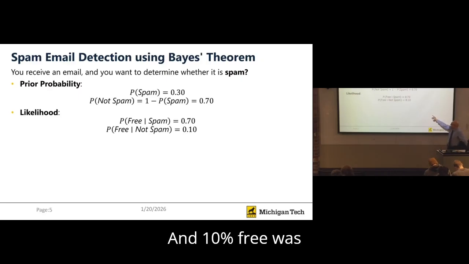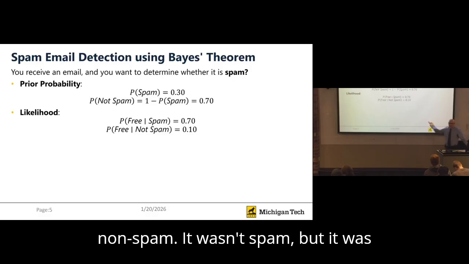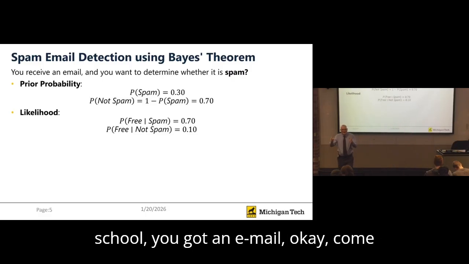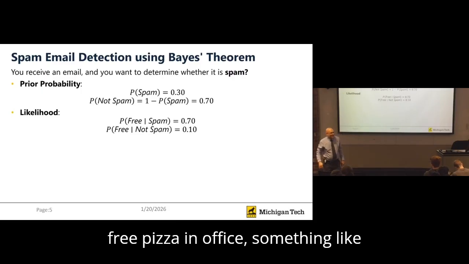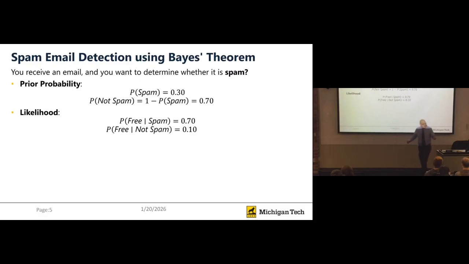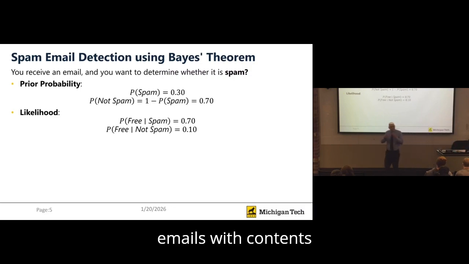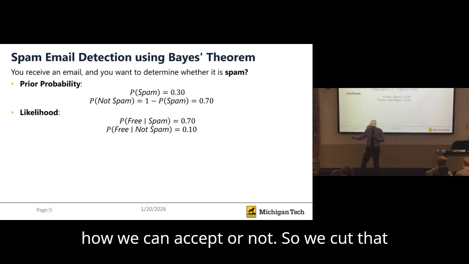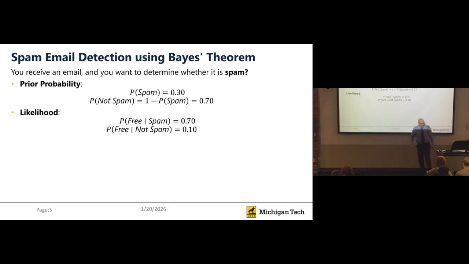And 10% of the time, free was there in a non-spam. It wasn't a spam, but it had free. For example, you got an email from a school, come get free pizza in the office. It's not a spam, but we might detect it as spam if we get hundreds of emails with the content free. So we need to study this, how we assess it. We got that also from data.